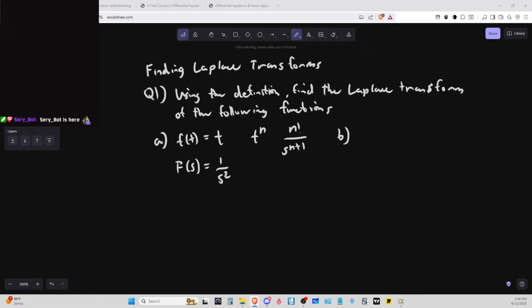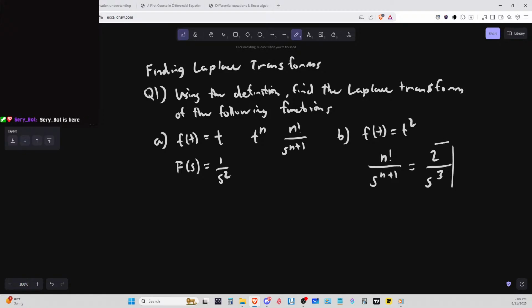All right, so now we're going to do b. B's Laplace transform. Oh, okay, so this one is the same thing, only this time we have s to the power of n plus 1. So in this case, it's 2 over s cubed.